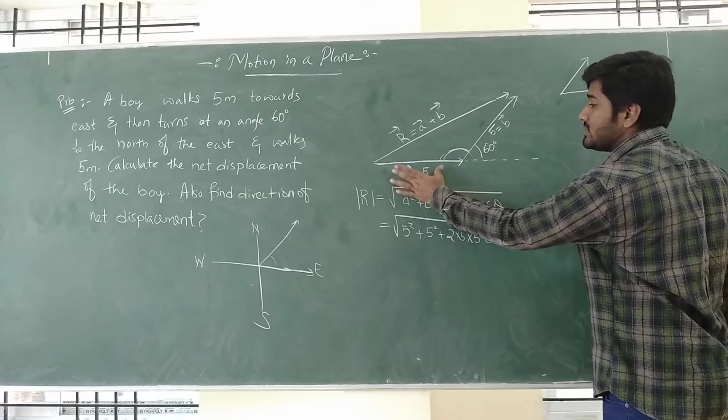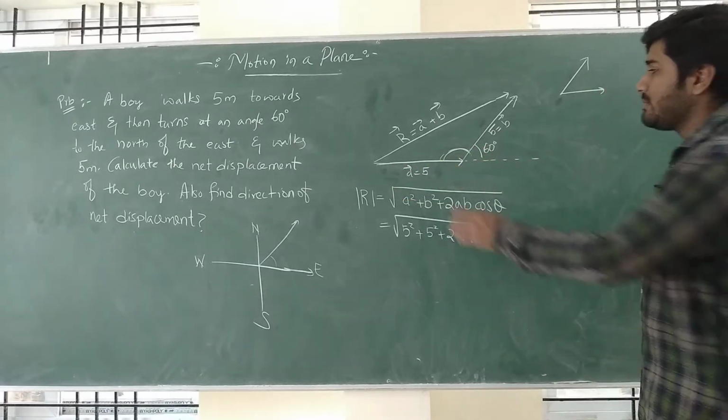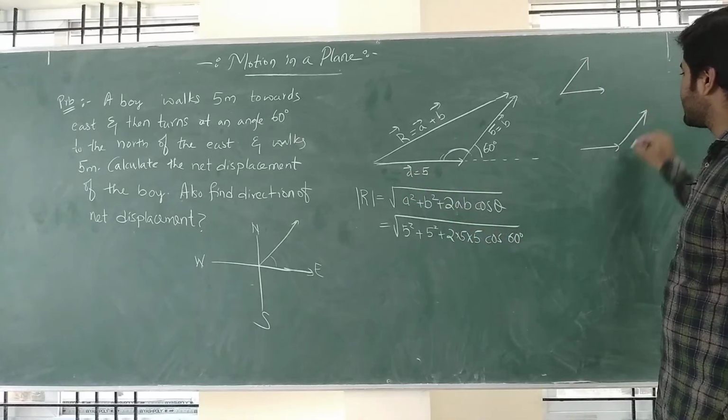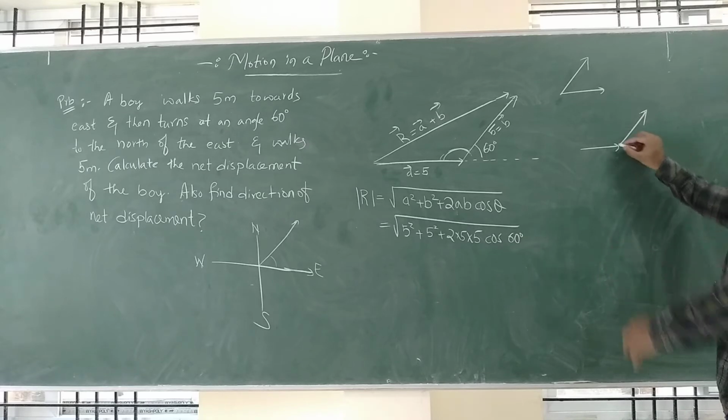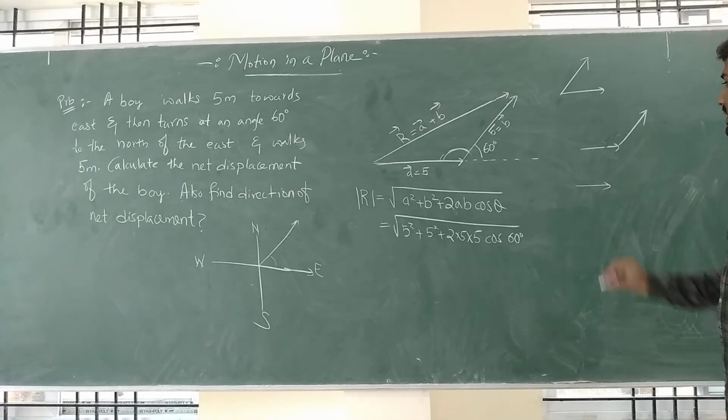So this is vector A, this is vector B. Tail to tail should be joined, so I need to do parallel shifting here. See, it is like this. So this is vector A and vector B. Okay, so I need to calculate the angle between two vectors, and either you join it head to head or tail to tail. Okay, so this is a vector A.